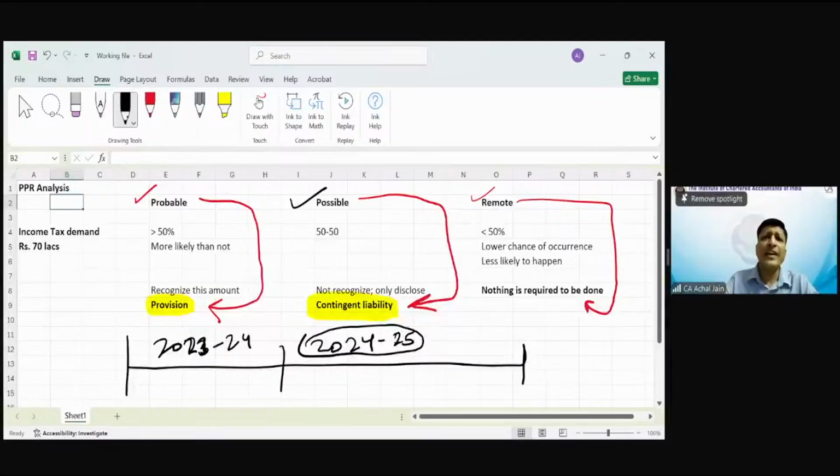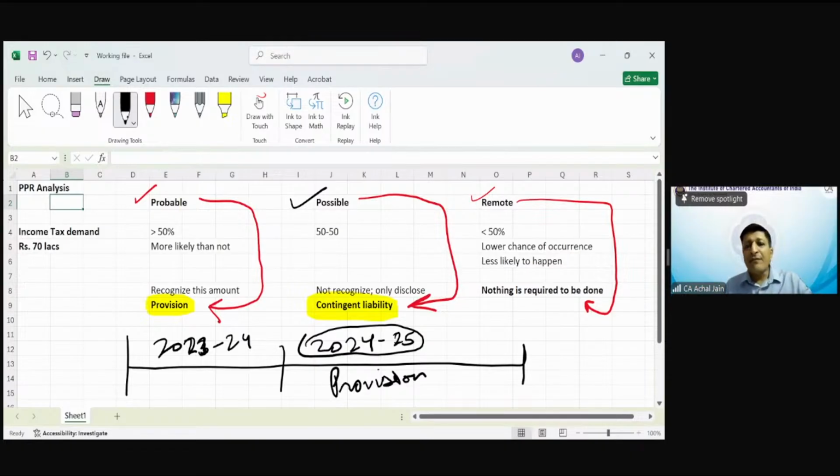Earlier it was the income tax appellate tribunal; now the company wants to go to the higher court, say the high court. There again, the company will do the same sort of assessment. If the company still believes it will be remote, they will not do anything. But if the company believes no, we have lost the case, so now the chances are we are going to continue to lose, that's where they will have to create a provision.